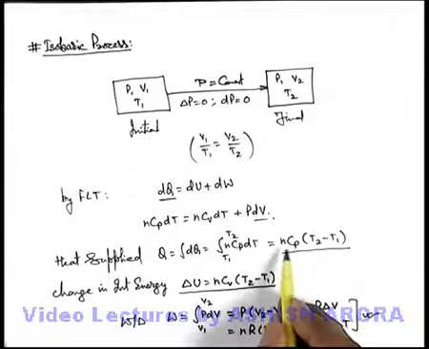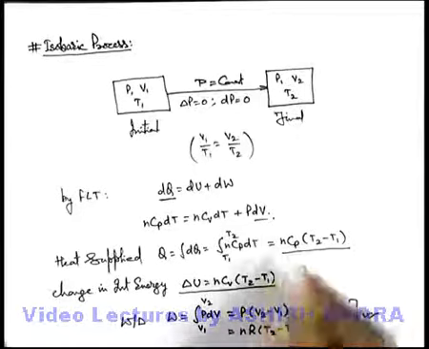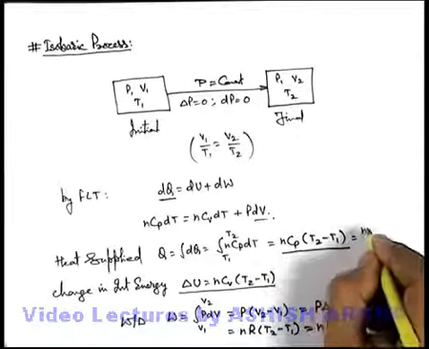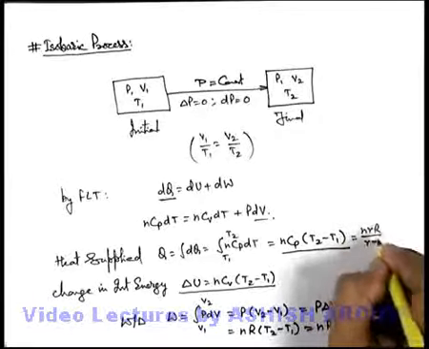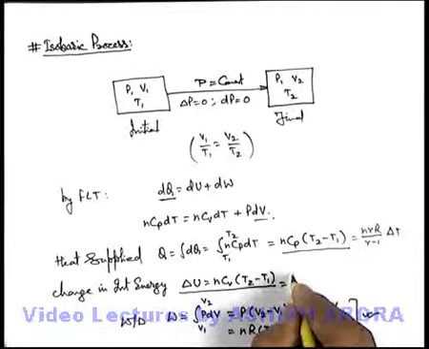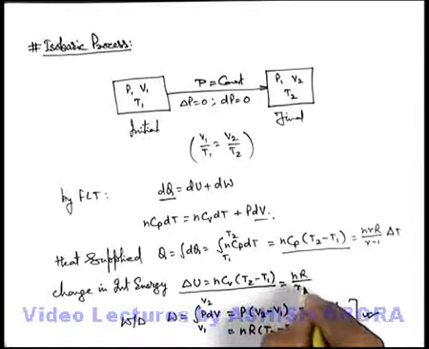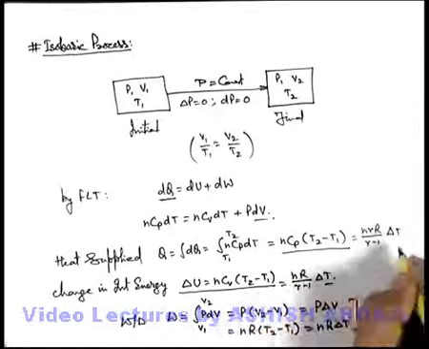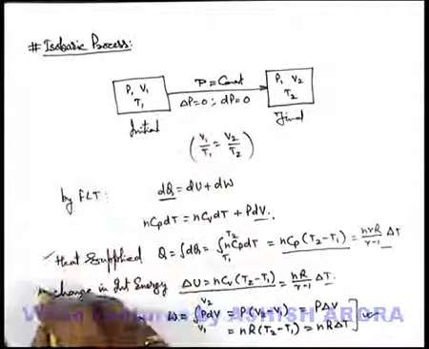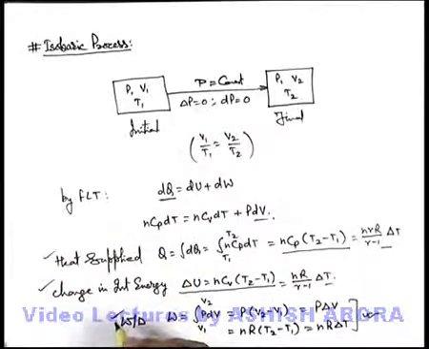Here also Cp and Cv you can substitute in terms of gas constant. So this can be written as n gamma R by (gamma minus 1) delta T, and this can be written as nR by (gamma minus 1) delta T. So always remember for a given thermodynamic process, these are the three thermodynamic parameters which are quite important for analyzing different numerical applications.